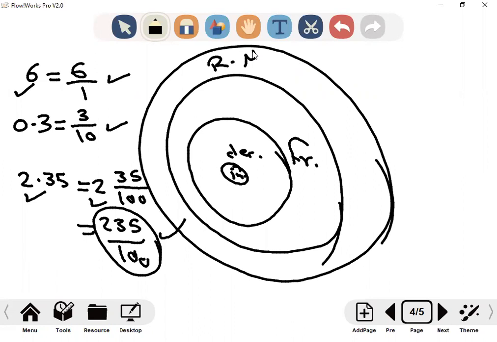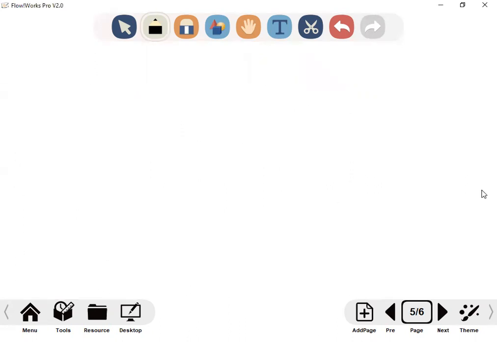Now, our next idea is how to turn the rational number to decimal. How do we turn the rational number to decimal? By using what? Long division.